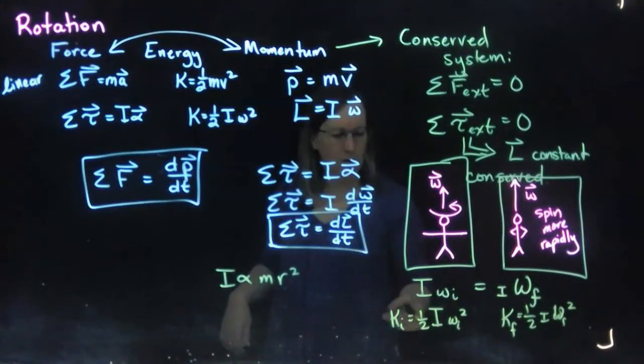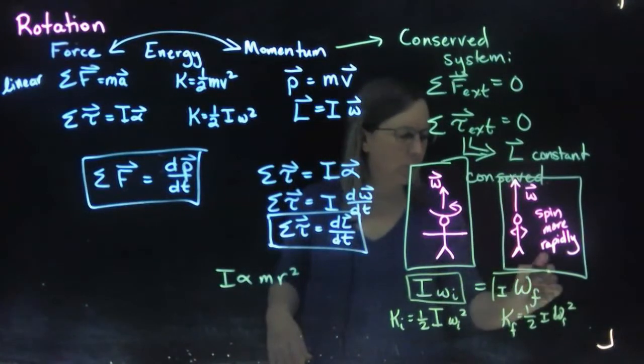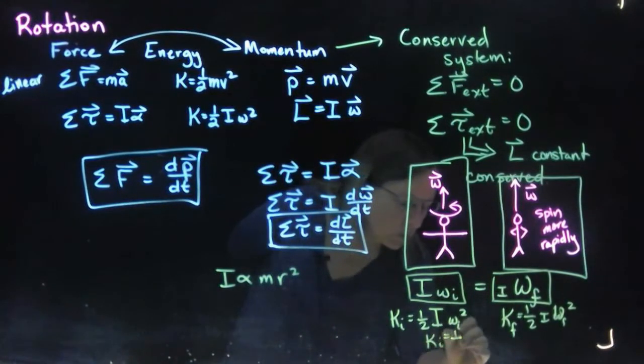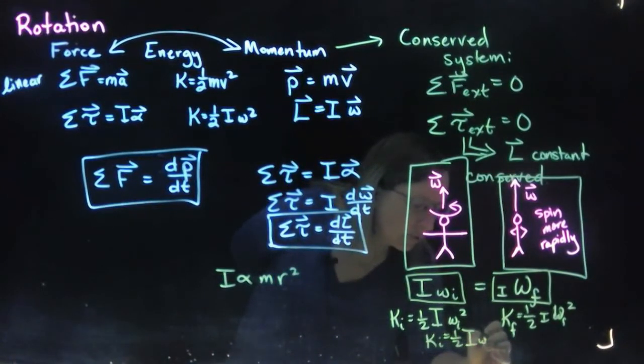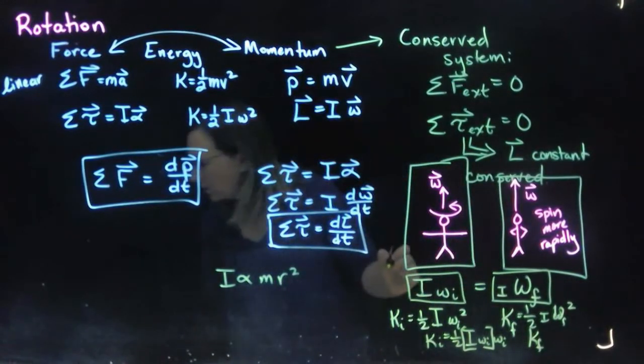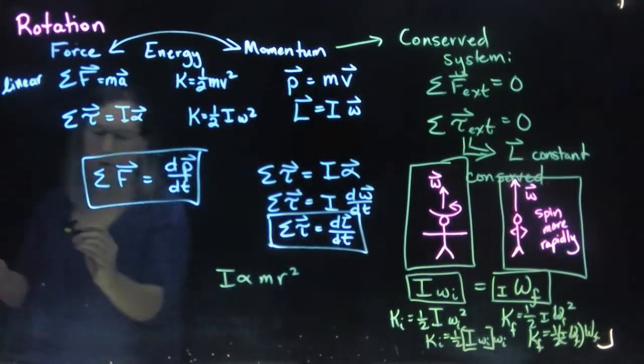And so to compare these, what is the same is that I omega initial is equal to little I big omega F. So I can write kinetic energy initial equals 1/2 big I little omega initial times omega initial, and compare that with my final, which is 1/2 the small I big omega F times big omega F. I think I may be off screen, so I'm going to rewrite it over here.